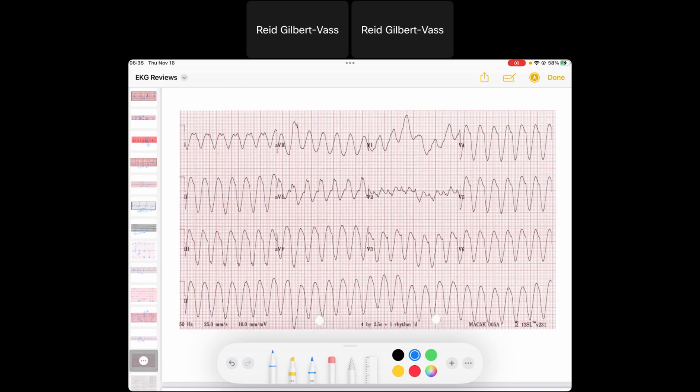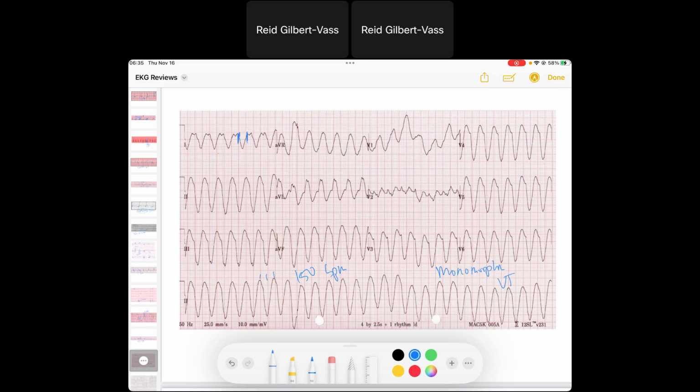So we've got a wide complex QRS, and it's very rapid. It's 300, 150 beats per minute, wide complex, monomorphic. And so you can say here that this is monomorphic ventricular tachycardia.